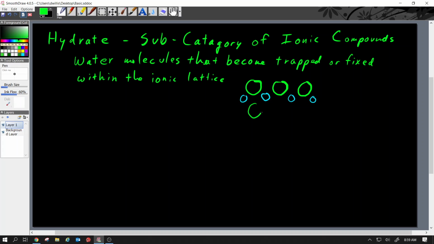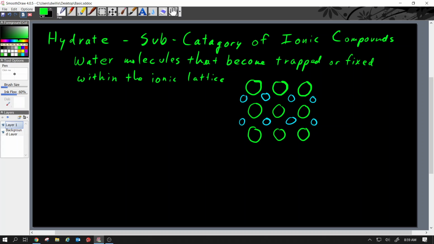And then you've got your Nas. And then you've got your Cls. And so the lattice is this structured organization and stacking of the sodiums and the chlorines. All right, does that make sense? Okay, no? Did I hear a no?